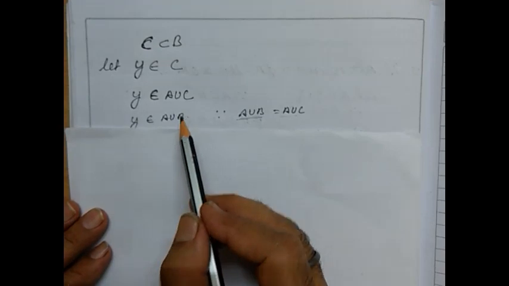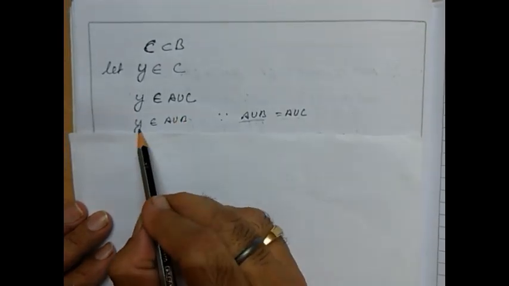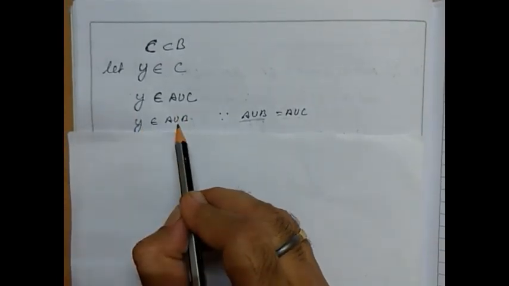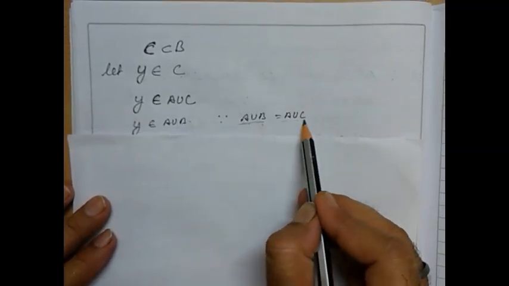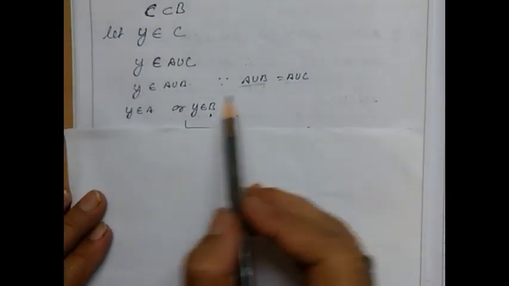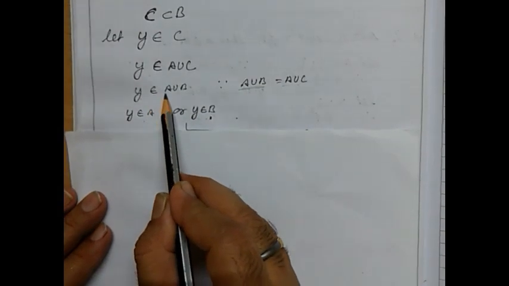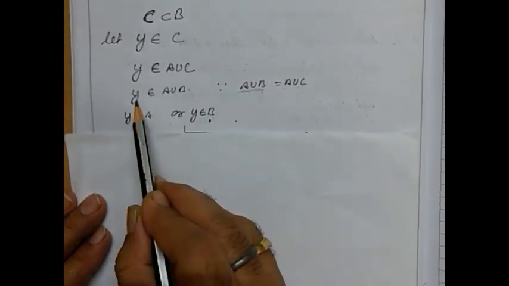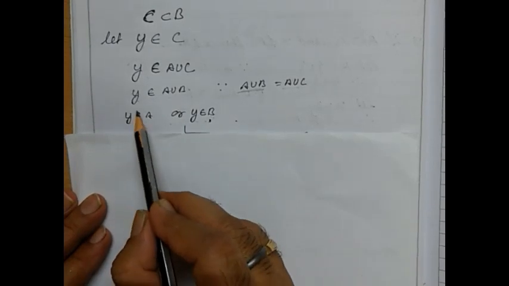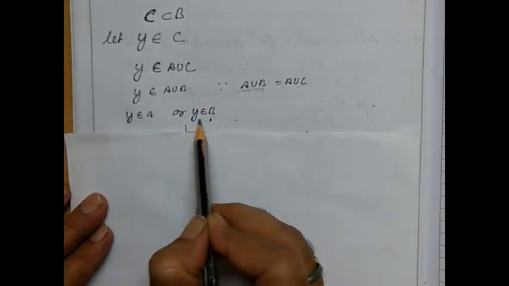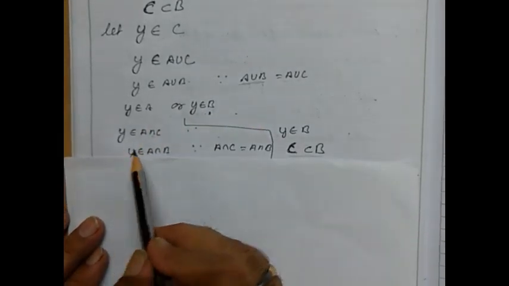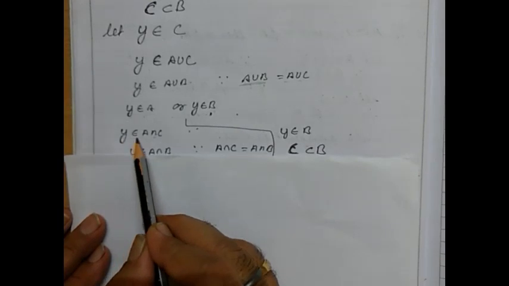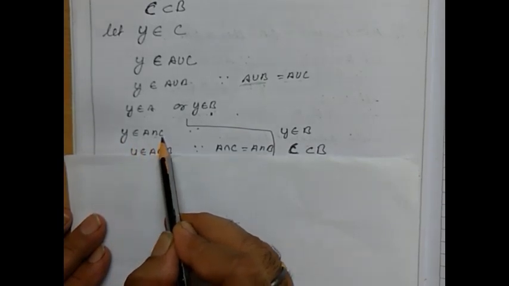So when it belongs to A union C, we can say that the element Y will belong to A union B, as it was given that A union B is equal to A union C, isn't it? So further we can say that either it belongs to A or it belongs to B. When it belongs to A union B, this element will belong to A or it will belong to B. So if we take that it belongs to A, we can say that the element Y will belong to A intersection C, isn't it?